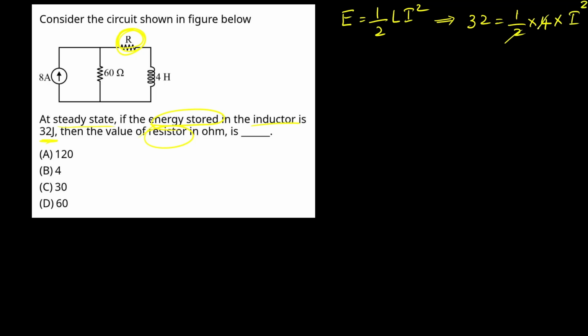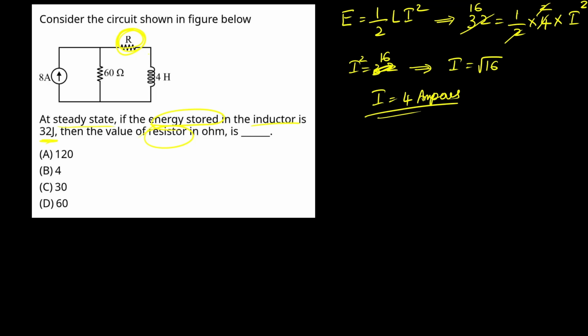So I squared is equal to 16. So I equal to under root of 16, I equal to 4 amperes. So the current flowing here is I load equal to 4 amps.